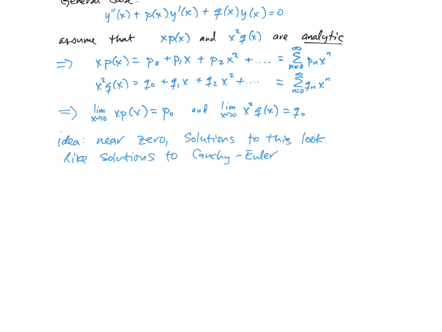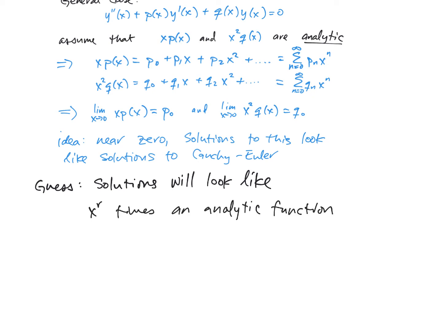So the guess here is that instead of our solutions being like a constant times x to the r, it's going to be x to the r times an analytic function. So that's sort of the basis for this theory. And so what we're going to do now is define what it means a little bit more rigorously, this assumption up here, and then take our guess and plug it in and see what happens.